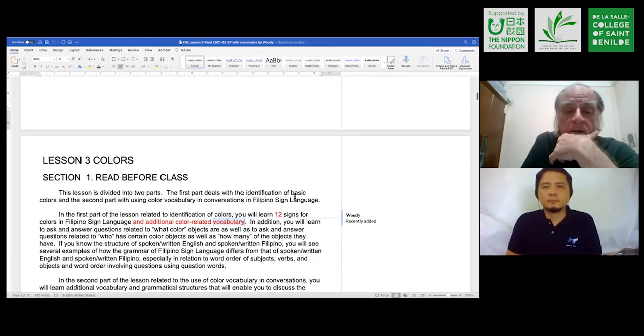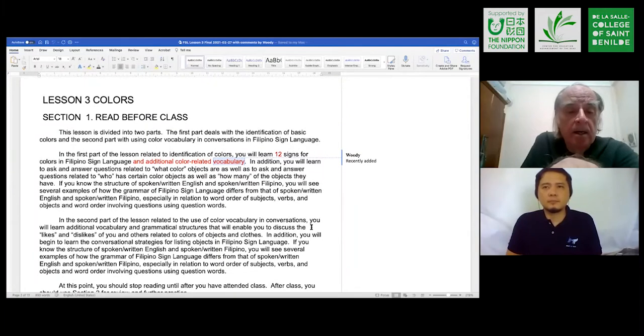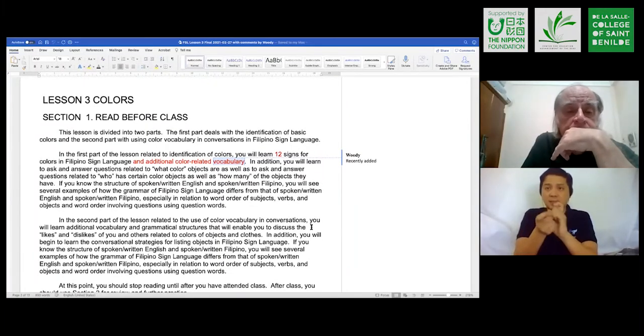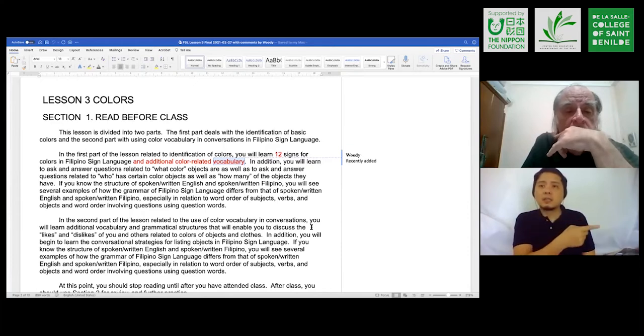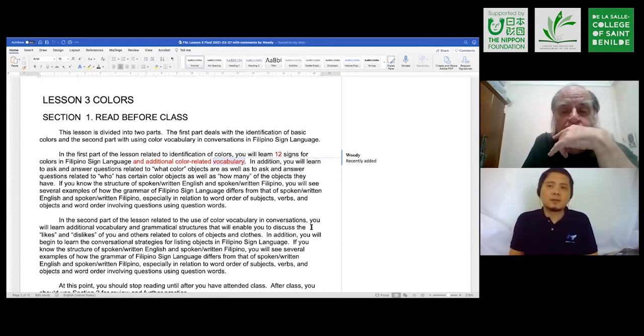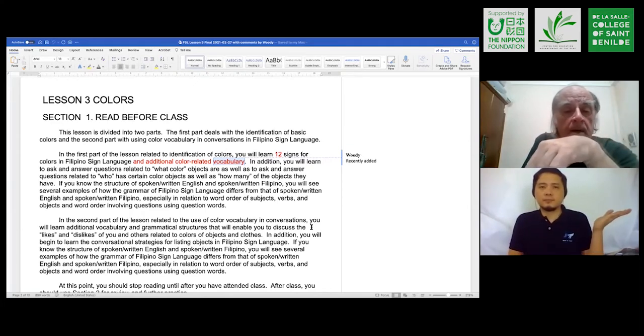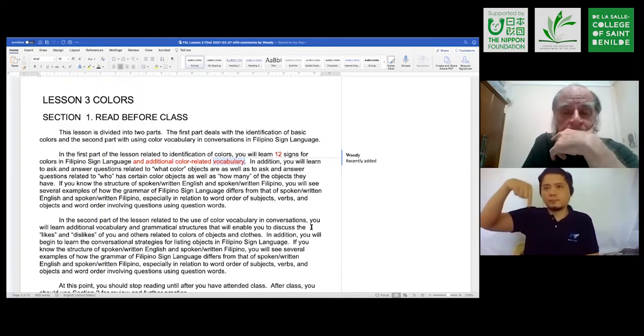Okay, and then I made a couple of changes here in red. And so you can go down to the next section.